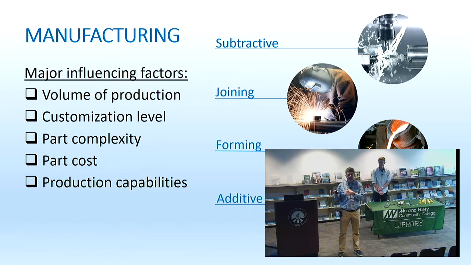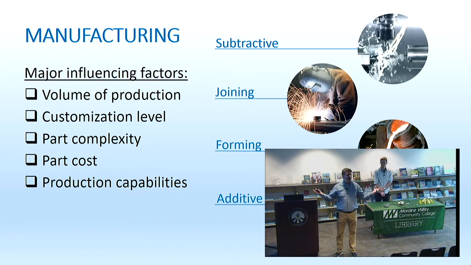So what's going to make a designer or a company decide, hey, yeah, I want to go and try out this additive manufacturing? Whenever a designer is trying to decide what type of manufacturing processes they're going to use for their part production, they're going to look at a couple of different things. They're going to look at the volume of production.